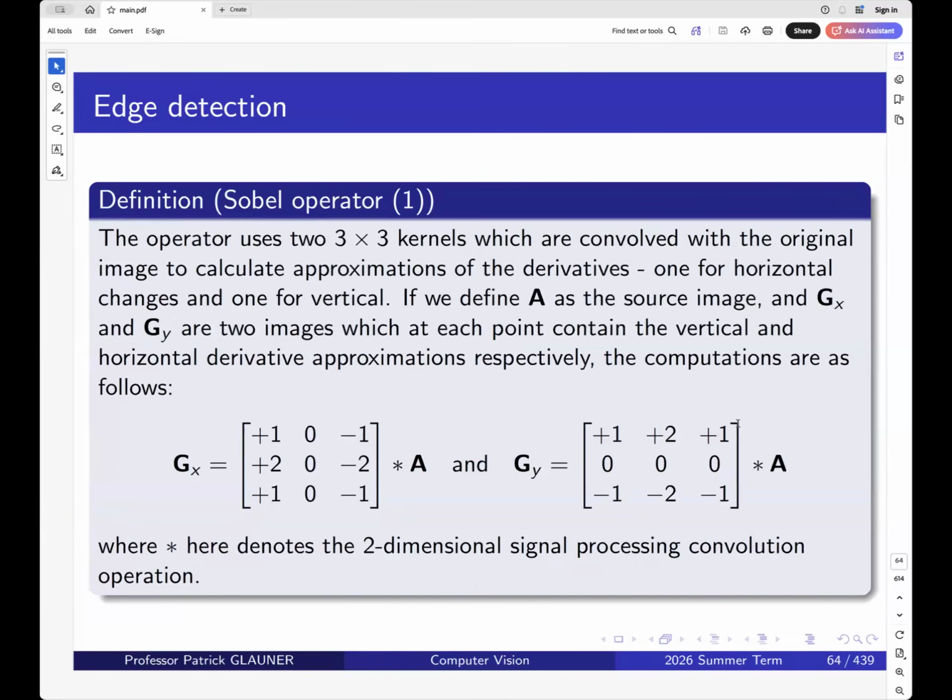We will now build an edge detector, the so-called Sobel operator. The Sobel operator uses two 3x3 filters or kernels, and they will be mixed up with each other. I will develop this now with you on the whiteboard again.